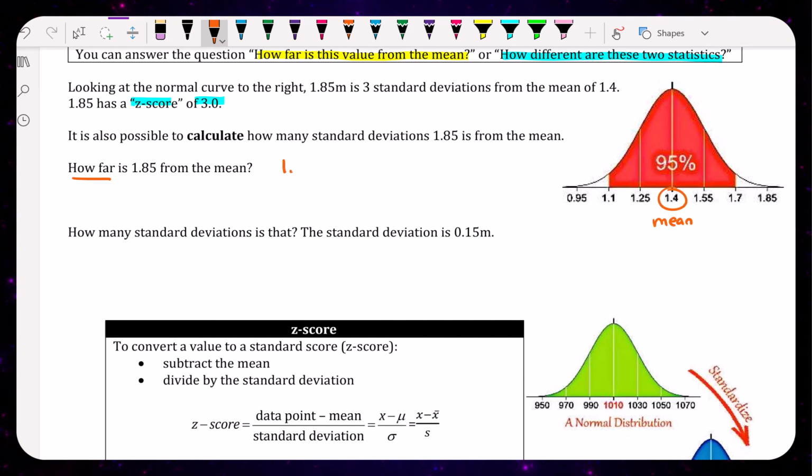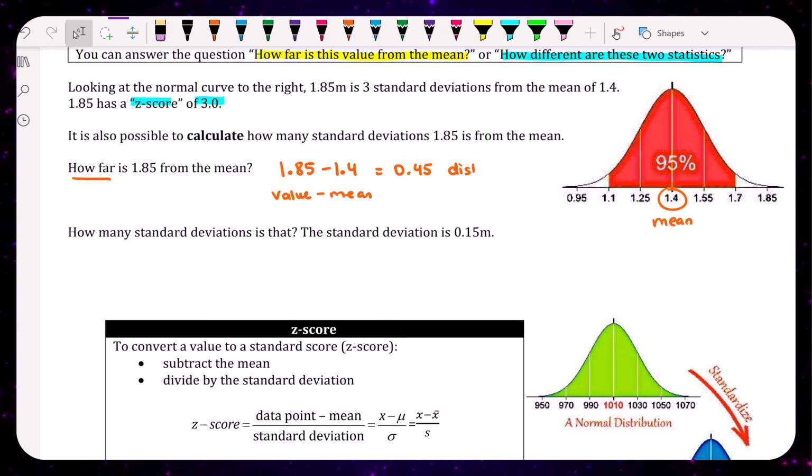So 1.85 minus 1.4. So you're going to take the value right here and subtract the mean. So value minus the mean. And that's going to give you 0.45. So that is the distance to the mean.